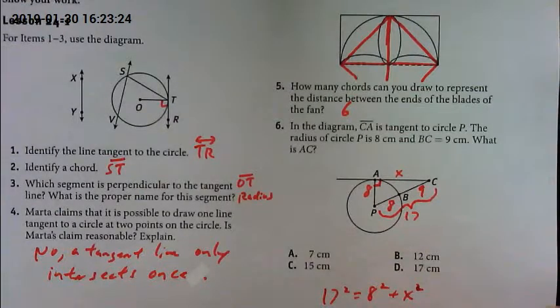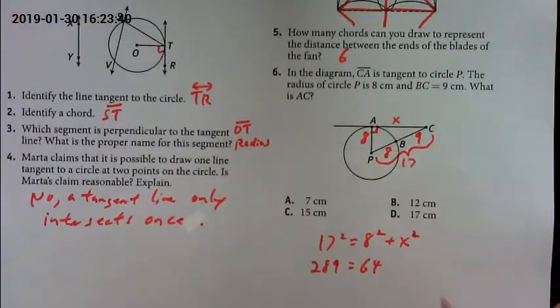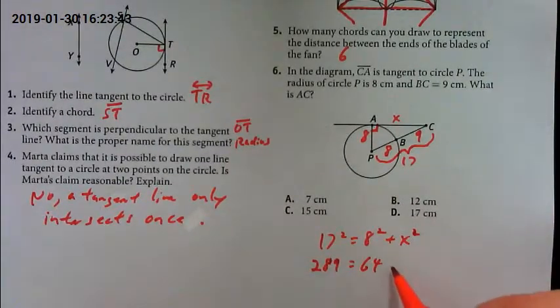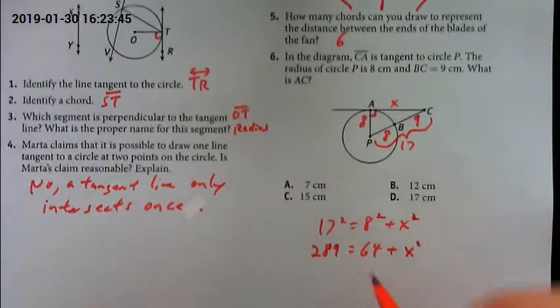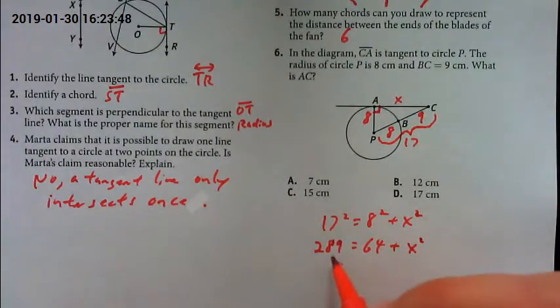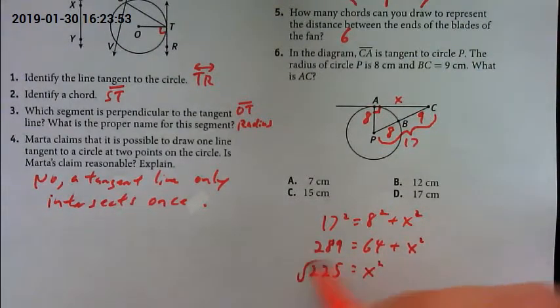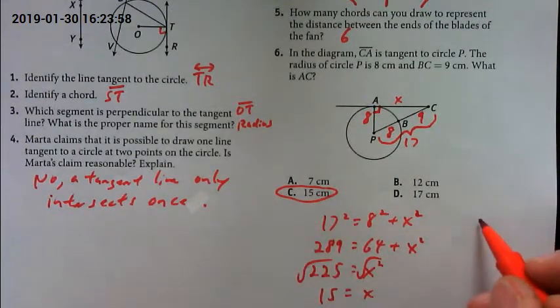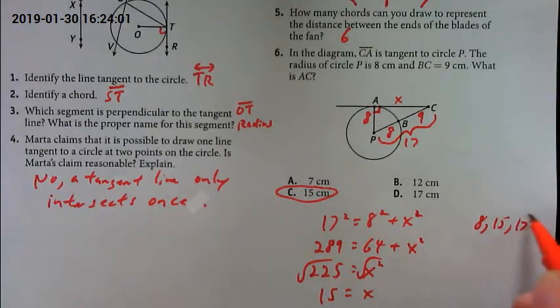It's 289. 8 squared is 64. Subtract the 64. That'd be 225. The square root of that is 15. Like I said, that is a triple. And 8, 15, 17 is one of our triples.